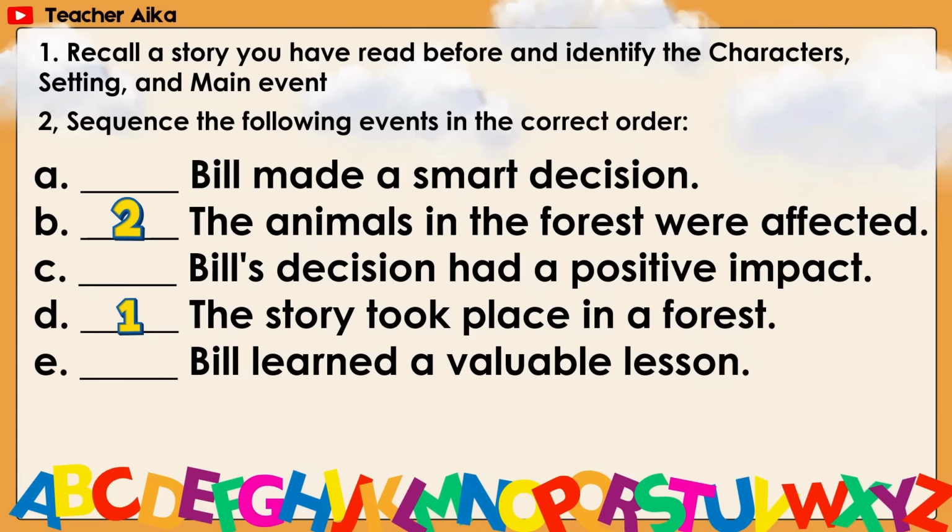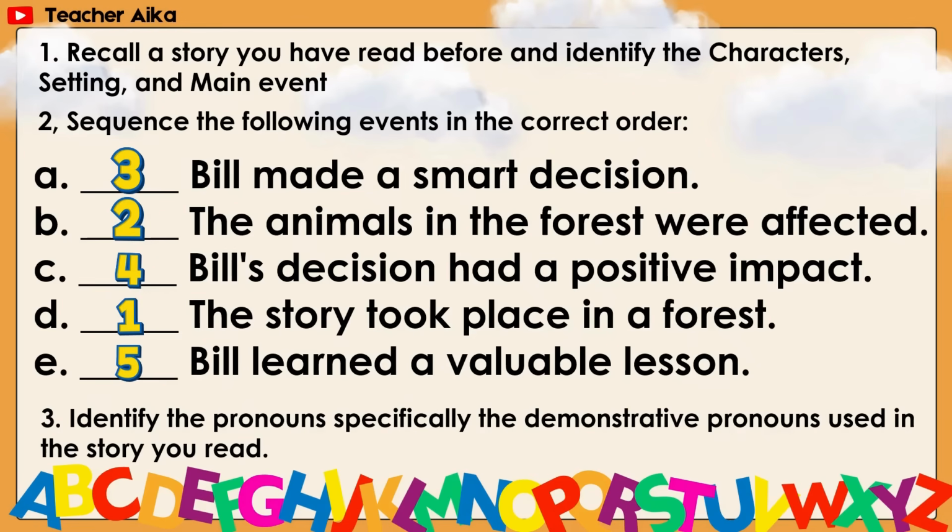Number 2, the animals in the forest were affected. Number 3, Bill made a smart decision. Number 4, Bill's decision had a positive impact. And number 5, Bill learned a valuable lesson. Number 3, identify the pronouns, specifically the demonstrative pronouns used in the story you read.